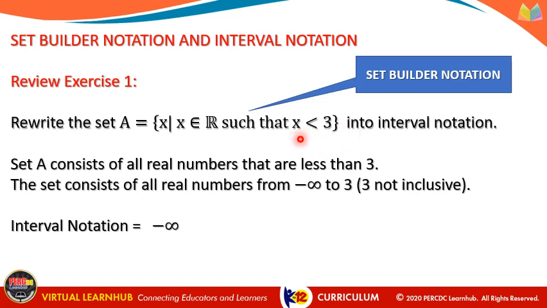So, ibig sabihin nun, bago magsaktong positive 3. Kaya, ang ilalagay naman natin sa right side ng ating notation will be positive 3. And then, maglagay na lang tayo ng comma sa gitna. So, nakuha na natin yung endpoints ng ating notation. Again, sabi kasi sa given, less than 3. So, ibig sabihin ito, from lowest to highest, that is from negative infinity up to positive 3.